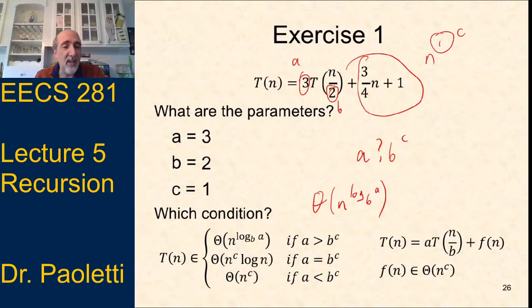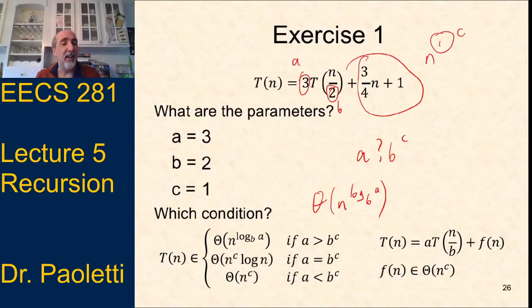So what this is saying is that the recursive portion was the bulk of the work. There wasn't much left to do after the recursion was over. It may not have been polynomial. It may not have been constant. It might have been slightly bigger than constant, but it wasn't as big as n to the log base b of a. So this one is saying the recursive part was the bulk of the work.